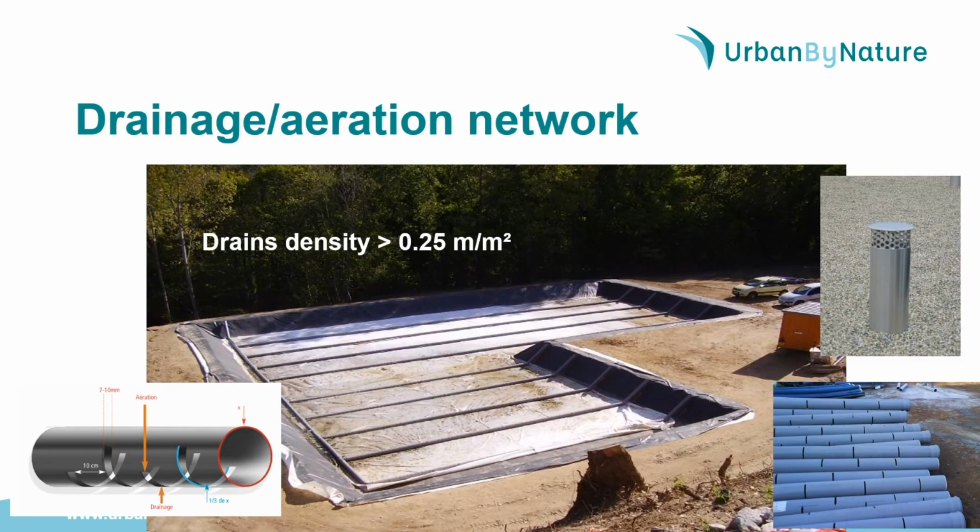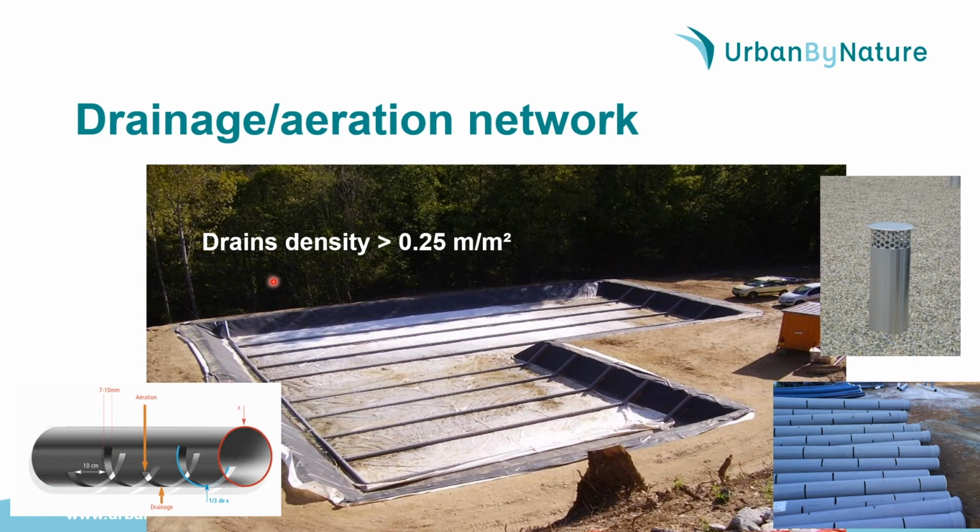Next comes the installation of the drainage network made with slotted PVC pipes. You can see here in the picture. And the slot width ranges between 7 and 10 mm in order to avoid any risk of clogging due to root penetration or biofilm accumulation.